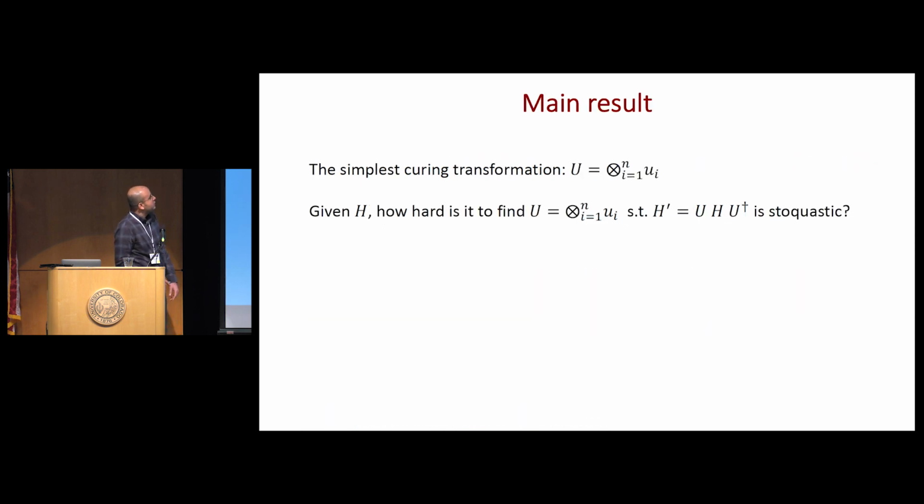Okay, so main result. So we look at the simplest curing transformation, simplest choice of operators that I can think of. Just tensor of local operators. And I ask, someone gives me some Hamiltonian, and I just want to know, is it possible to find a unitary in this form to make the given Hamiltonian and bring it into a stochastic form?